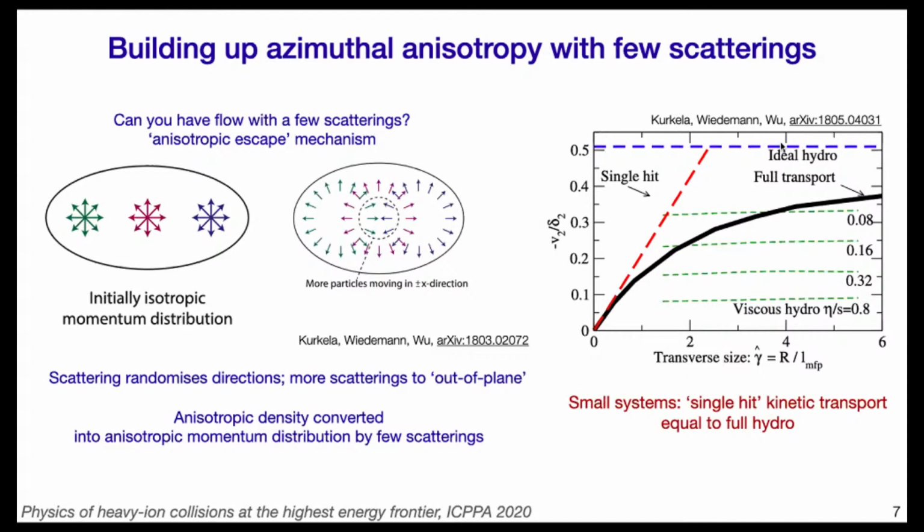And here on the right, it's a theory calculation that explores that. And you see the elliptic anisotropy as a function of the system size expressed in the number of mean free paths. And you see that from basically zero system size, the azimuthal anisotropy starts to increase until it reaches a few times the mean free path. It starts approaching the hydrodynamical limit, which is what you get for a full fluid.